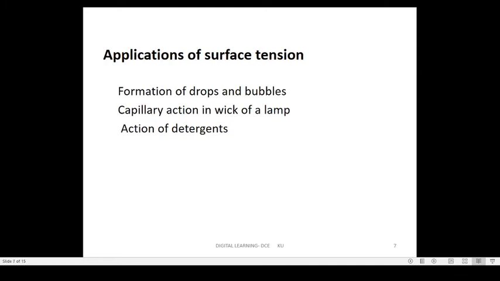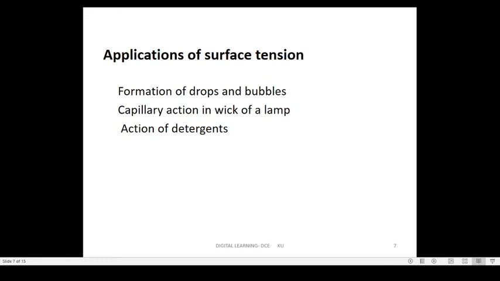Now the question comes, what are the applications of the surface tension or the consequences of the surface tension? The formation of drops and bubbles are explained using the surface tension.